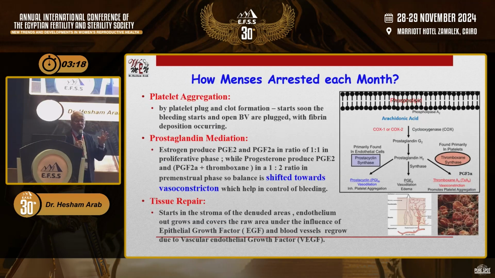In order to understand the endometrial pathology or causes of bleeding in these cases, whether they are ovulatory or endometrial in origin, let me show you here how a normal woman stops her period. If any woman is having a period and she has not secured these three mechanisms, she'll keep bleeding forever.